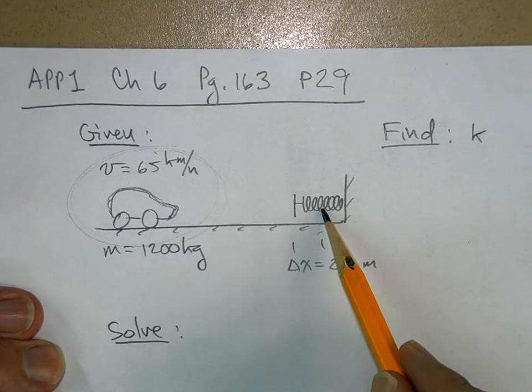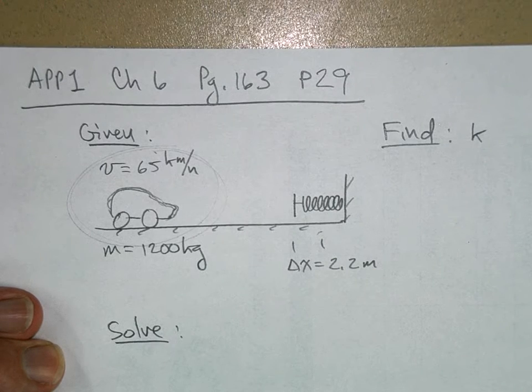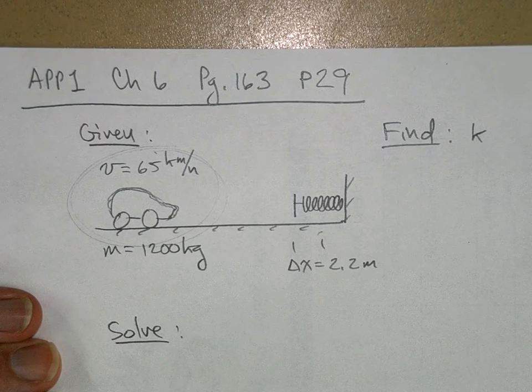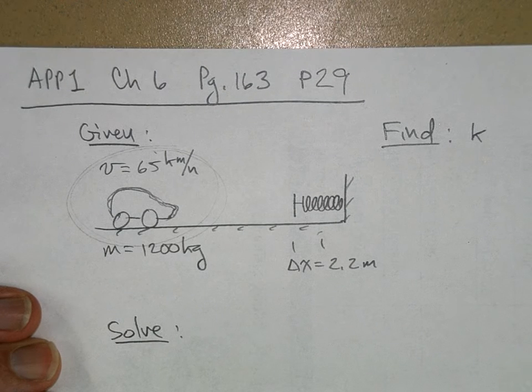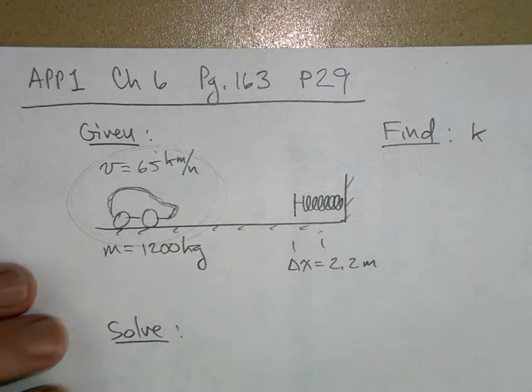And then after it hits the spring and comes to rest, all the kinetic energy is gone. And we're just going to assume that all of it was absorbed by the spring. Now, obviously, a little tiny bit of it isn't. It's going to make a noise. There's going to be a little friction or air resistance, blah, blah, blah. But we're going to assume for this kind of a problem that's negligible.